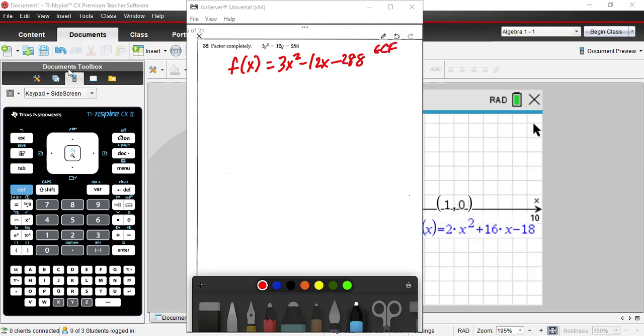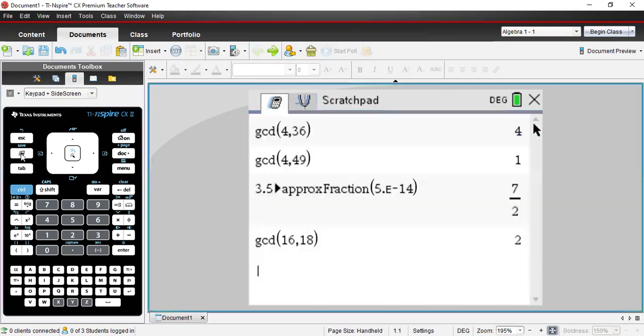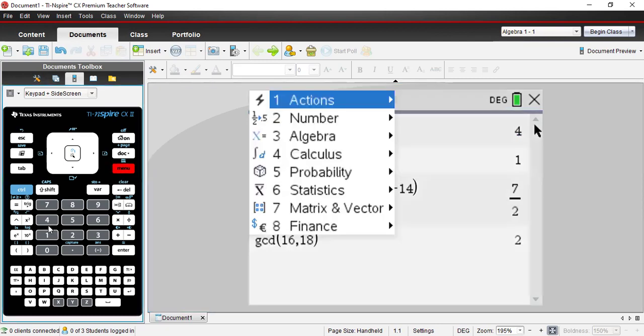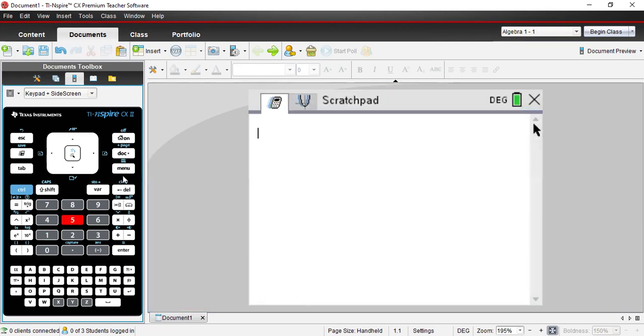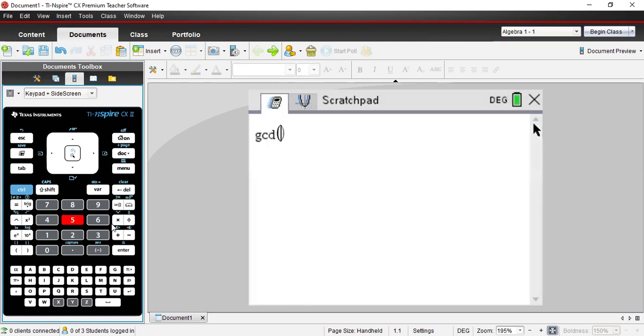So just like we did before, let me go to my calculator, go to this screen here. Let me get rid of all this stuff, menu 15. Then I'm going to go menu 25. And I'm going to start with the bigger numbers, 12, comma, 288. Let me see, what's the greatest common factor?